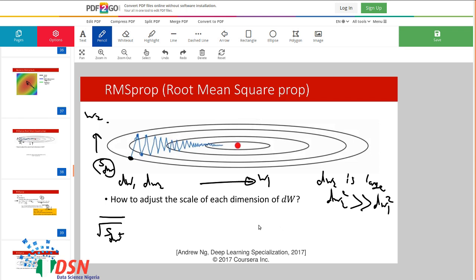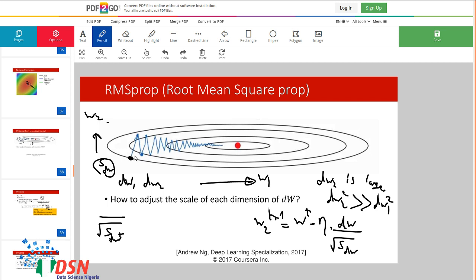So when we want to change the W in the direction 2, we have Wt minus dW over the square root of S of dW, which is larger for the direction 2.